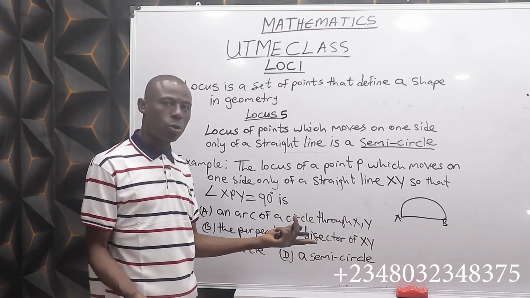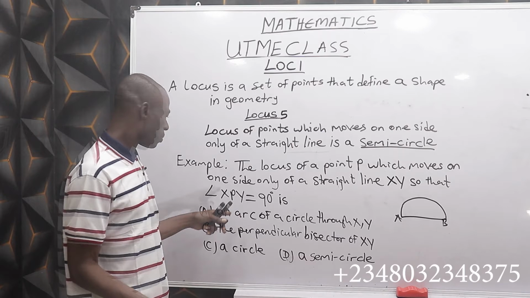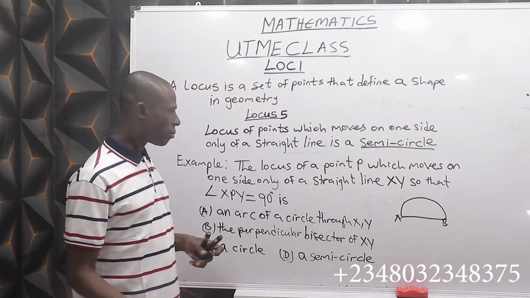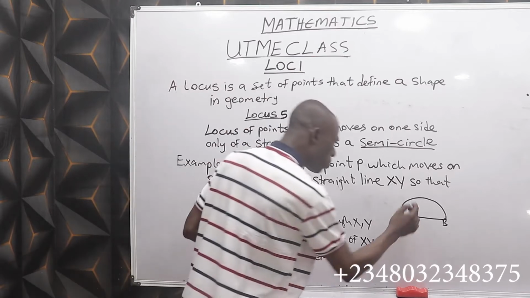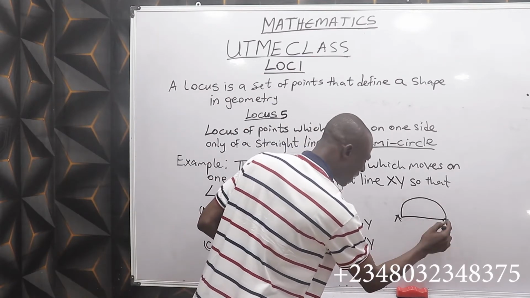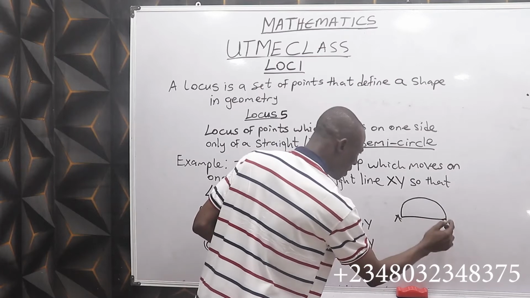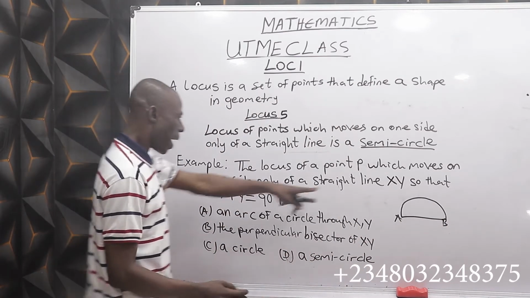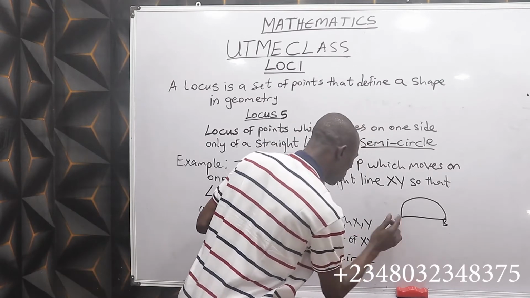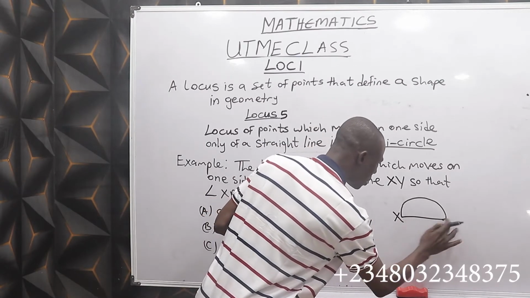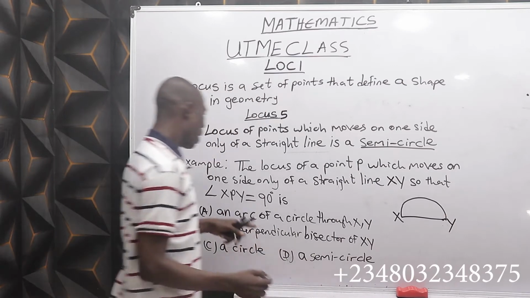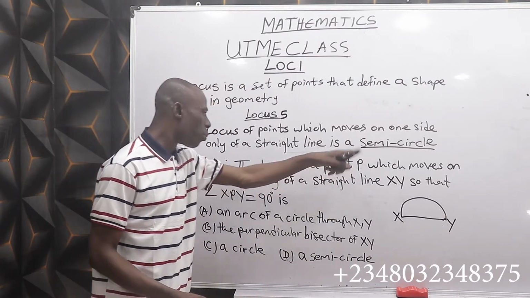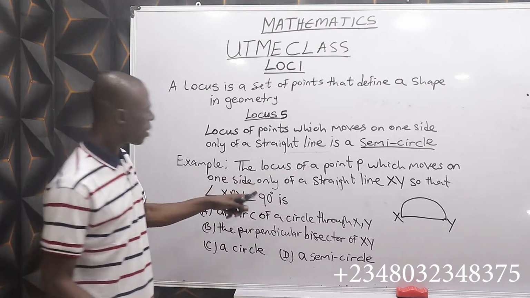How do I prove it to you? See this question. The locus of a point P, that P will be along this arc. Let me use the letters used in the question originally, X, Y. Let me call my own also X, Y. And the locus of a point P, which moves on one side only.